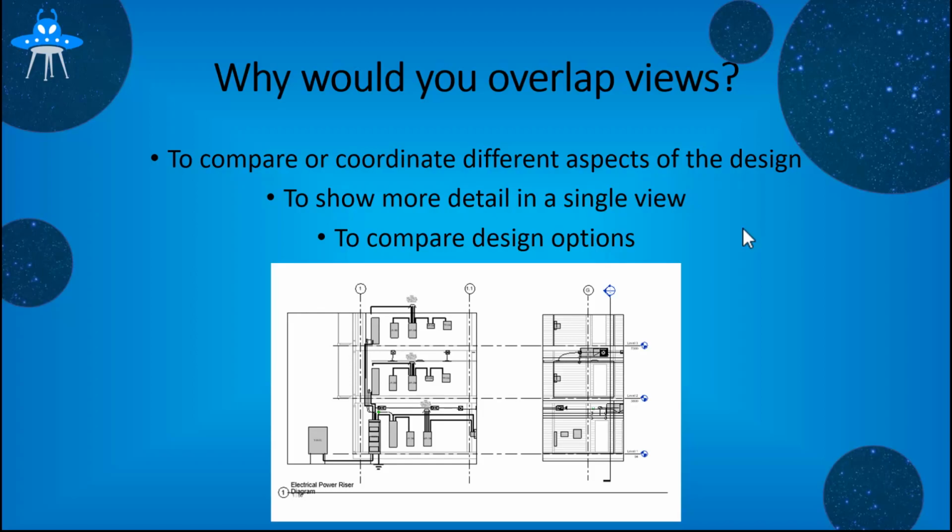We'll actually look at this model in a little bit, but on that sheet they have these two views, and you can see the levels have been dragged over to the right. And then it's just a single view. I thought that was an interesting and cool way to show this information. Those are overlapping views, and that's one of those use cases.